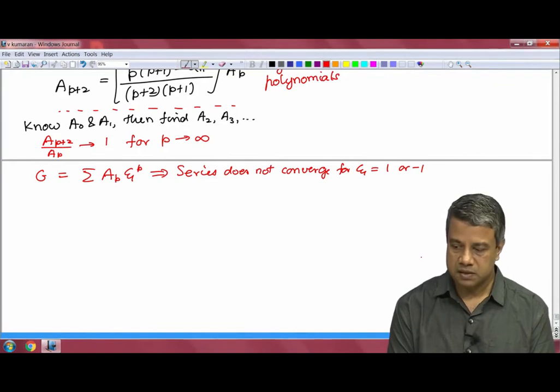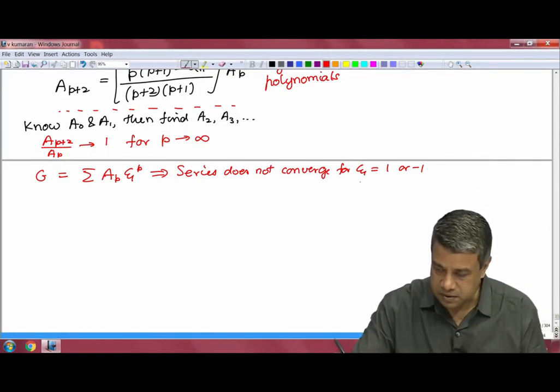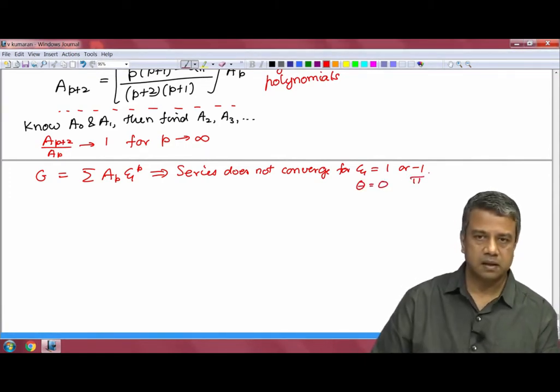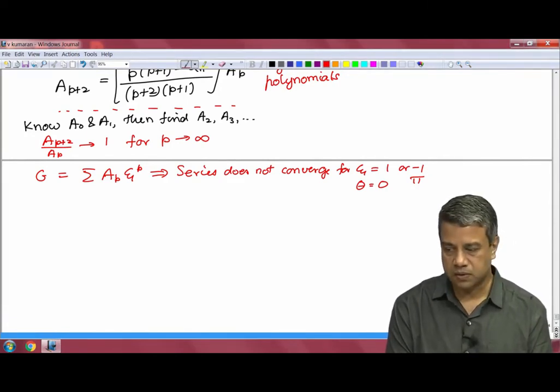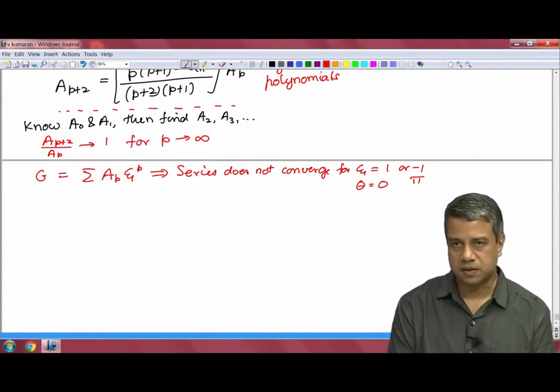So this does not converge at psi equal to 1 and minus 1, which corresponds to theta equal to 0 and pi. Psi is cos theta. So psi equal to 1 or psi equal to minus 1 corresponds to theta equal to 0 or theta equal to pi.